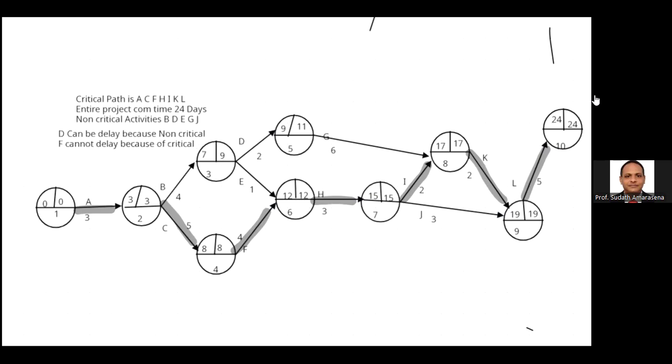Then the question asks to determine the probability of completing the project in 28 days. When answering this question, better draw the normal distribution curve. You can mention that the expected completion time is 24 days.